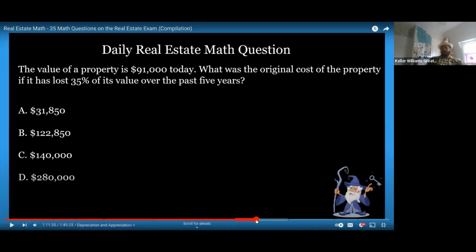So what's the first thing we're going to do? 100% minus 35%. Yep. So 100 minus 35, and that gives you 65%. So you're going to take 91,000 and do what with it? Multiply by 0.65.